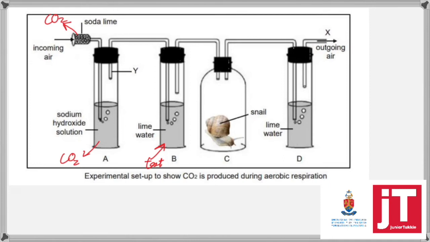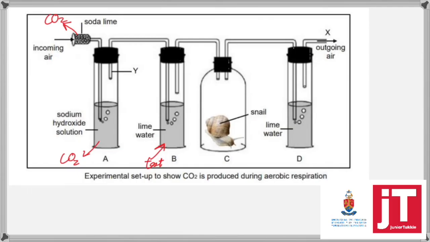Do we expect the lime water in test tube B to turn milky? No, we don't, because we've removed the CO2 through the use of soda lime as well as the sodium hydroxide solution. That means that the gas entering the bell jar, or jar C, is not going to have any CO2 present in it at all.